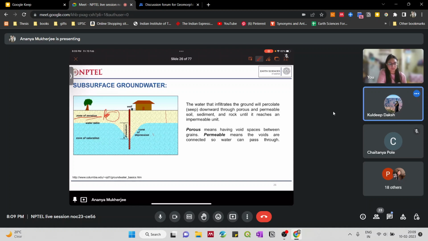So, ma'am, the vadose zone is the zone where water and air both are available, and the water table is a zone where every single pore is saturated, full of water. But ma'am, if the vadose zone is the right answer to that question, why is it followed by a zone with open spaces with air?